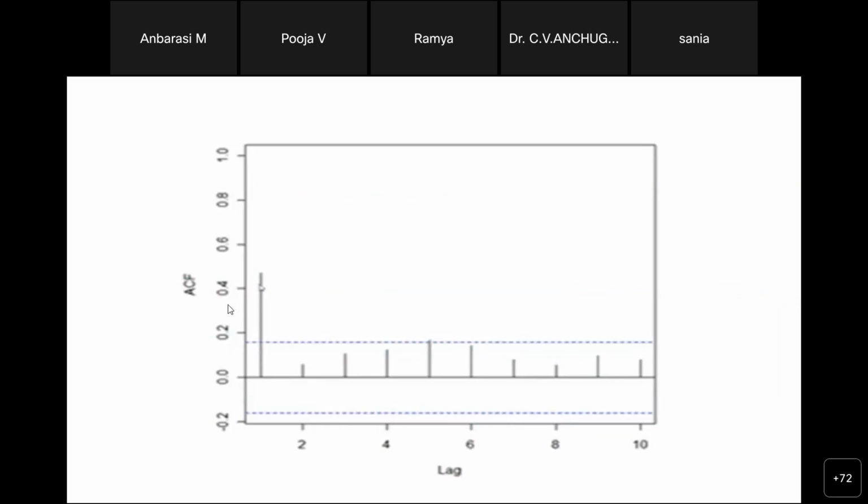In the case of ACF, they'll be considering both the direct as well as the indirect effect of the previous time lags. So here they will see the number of values crossed above 0.1, and based on that the order will be calculated.